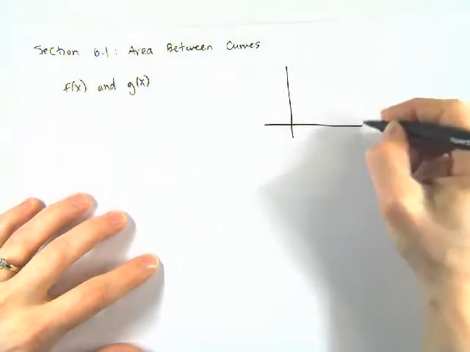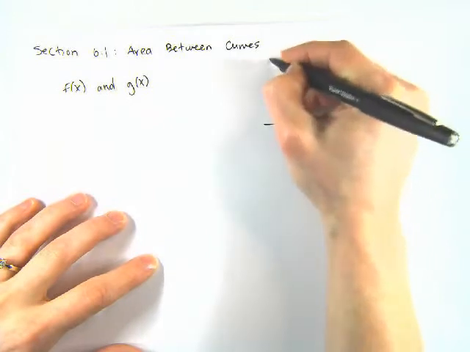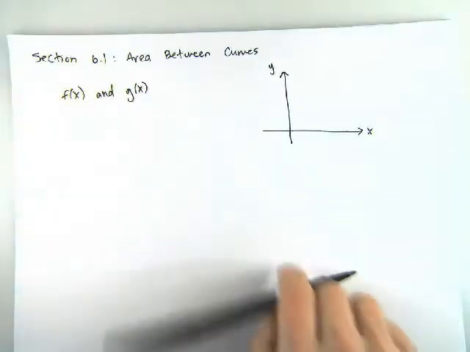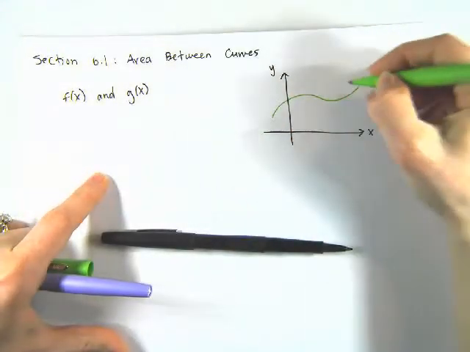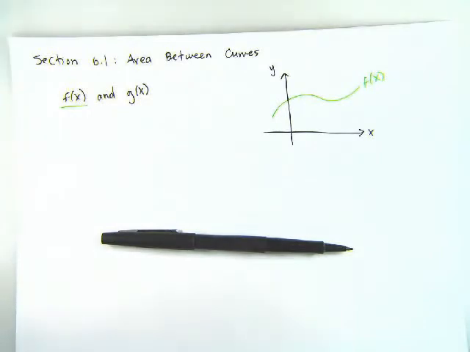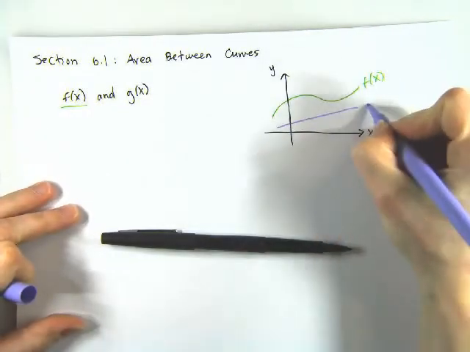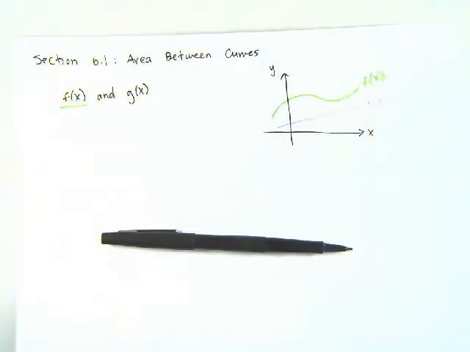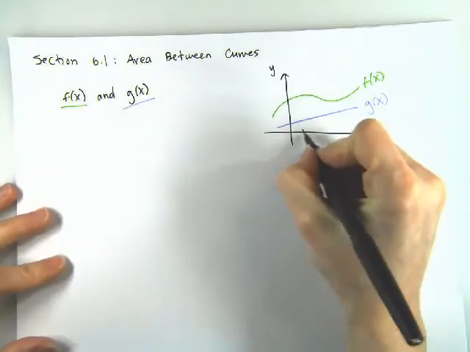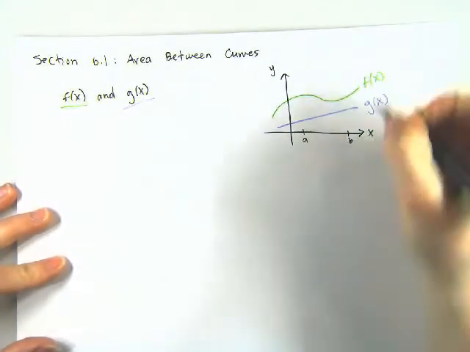So let's say I have my x and y axis, and maybe I have some function f, which I'm going to make green, and some function g, which I'm going to make purple. And let's say we want to find the area between those curves on an interval from, let's say, A to B.